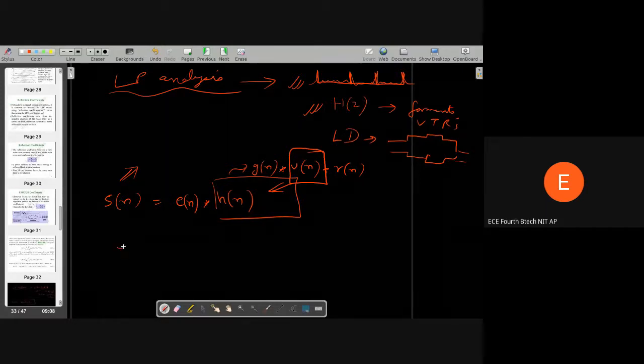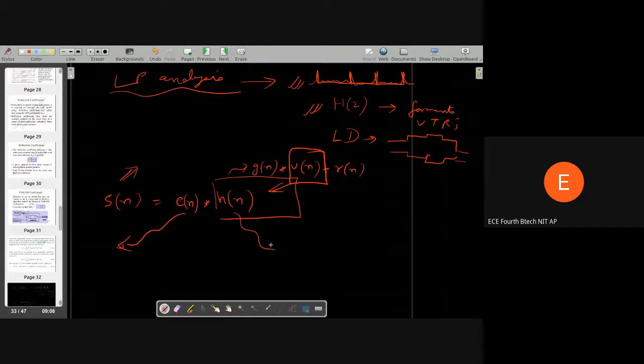How to separate and get this information from the speech signal?